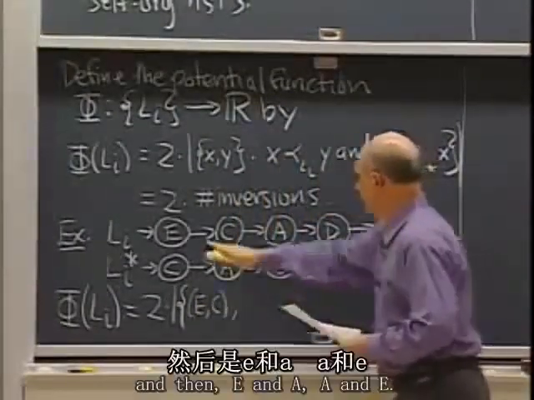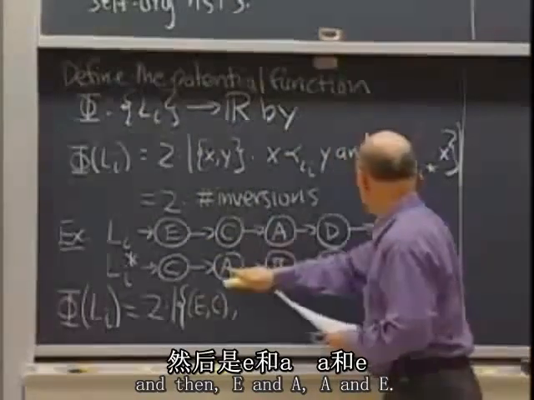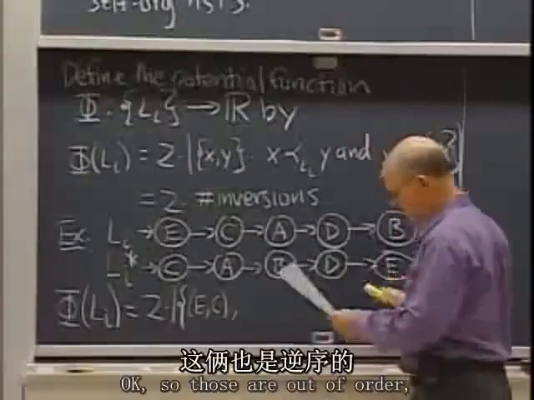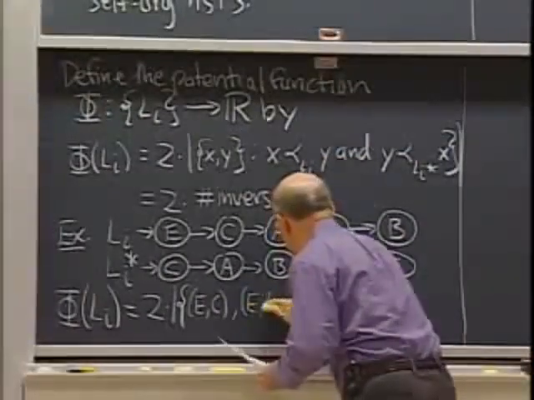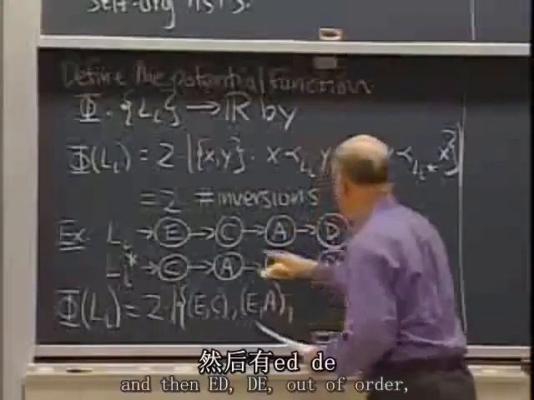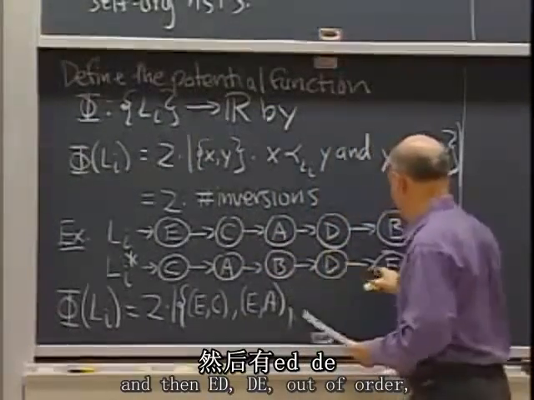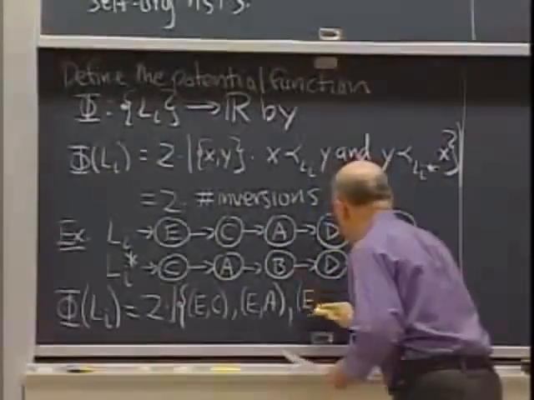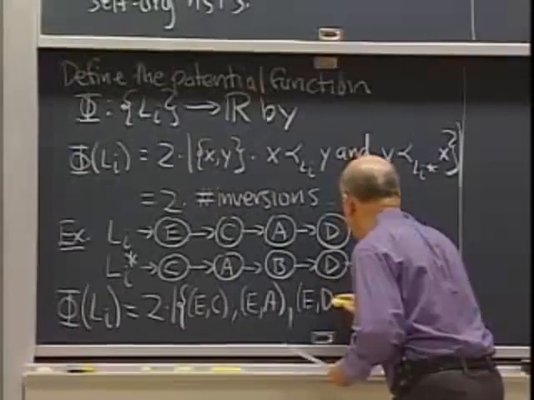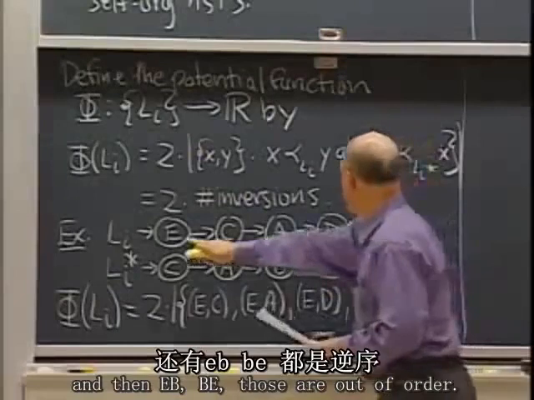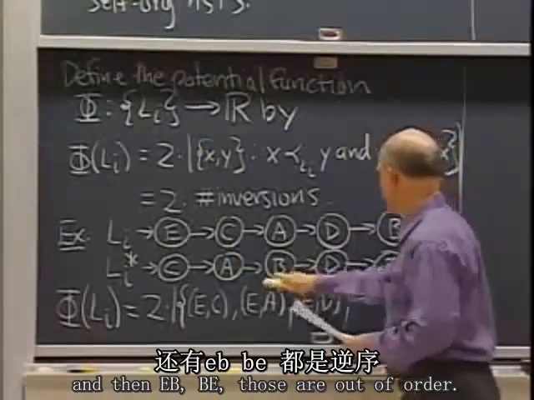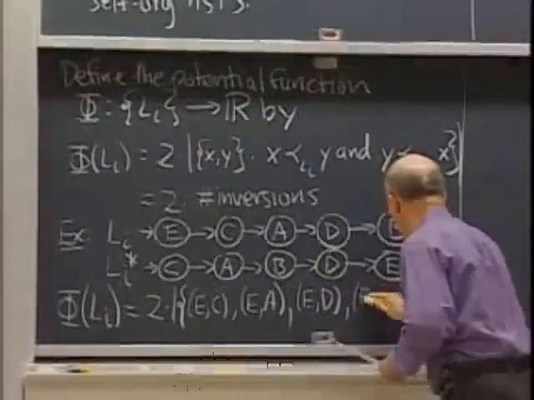And then E and A, A and E, those are out of order. And then ED, DE, out of order. And then EB, BE, those are out of order.